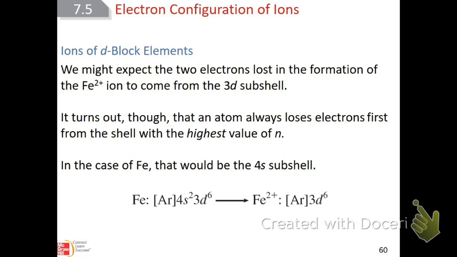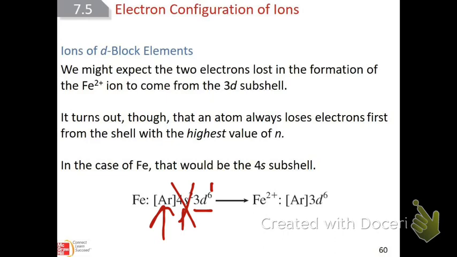Instead, look at iron's electron configuration. Here it is: argon, 4s2, 3d6. But when it becomes an ion, Fe2+, it doesn't lose them from the d block. It loses them from the 4s2, not the 3d6. It loses them from that outside shell.